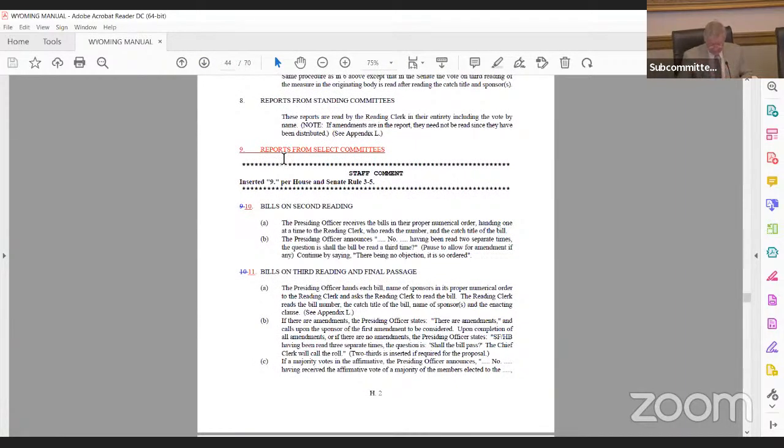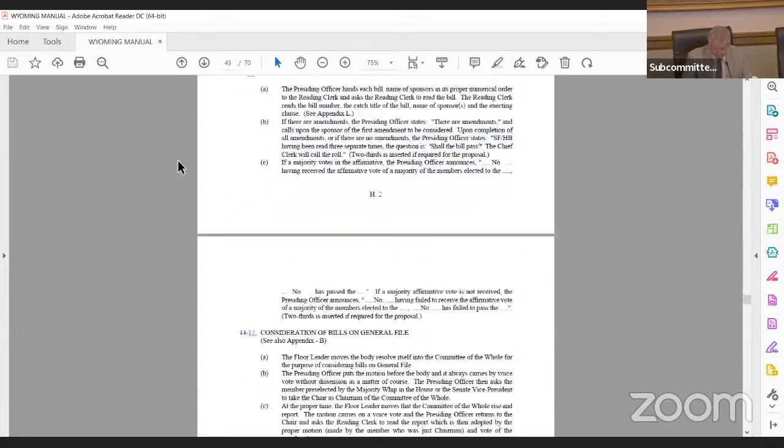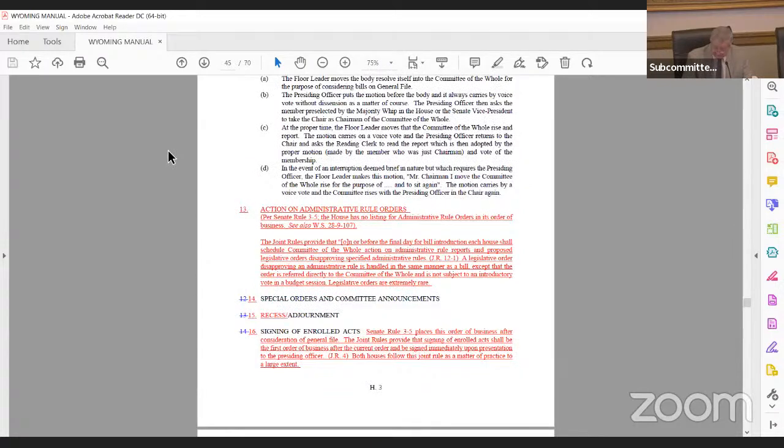Likewise, Mr. Chairman, on H3, you have rules in the Senate, and the House doesn't have a rule, but there is a statute on it, and this is action on administrative rule orders. This happens once in a blue moon kind of thing. But Management Council does review administrative rules, and 99 times out of 100, if Management Council says they reject the rule, the governor goes along with that.